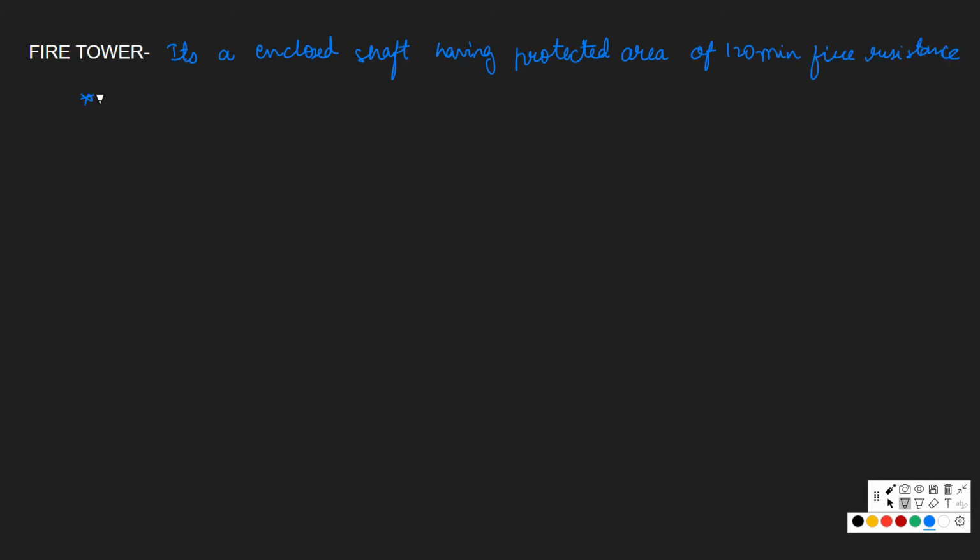The next terminology is fire tower. Fire tower is basically an enclosed shaft having a protected area of 120 minutes of fire resistance. So a fire tower comprises a protected lobby, staircase and fireman's lift.